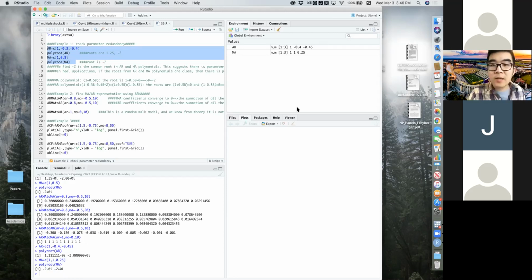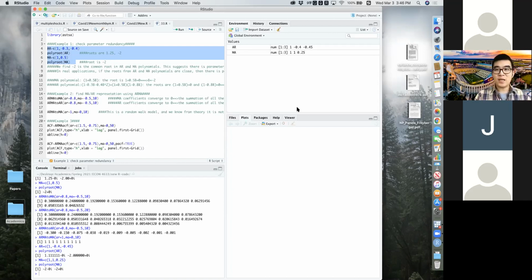Great. Now let's move on to the next topic. What we just discussed is the theory of ARMA: the requirements the ARMA model needs. It needs to be causal, invertible, and have an AR part and an MA part.